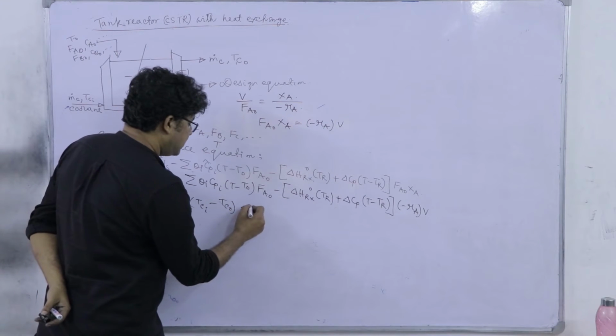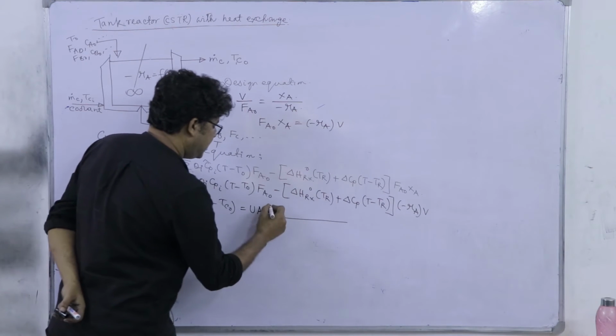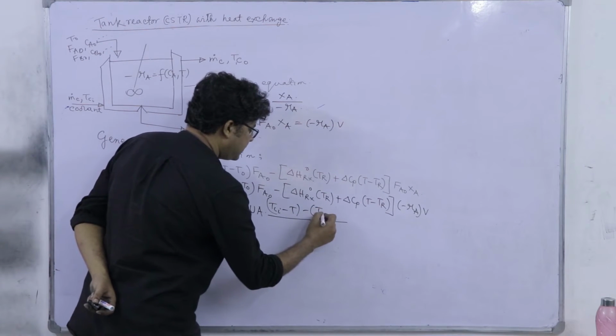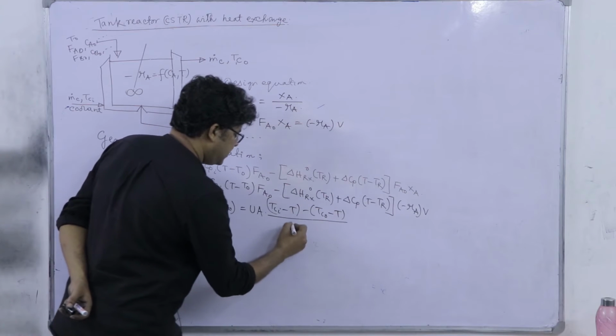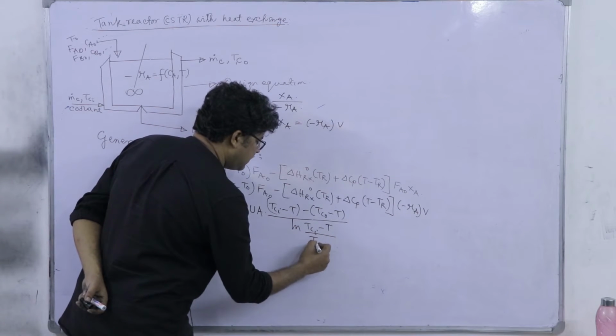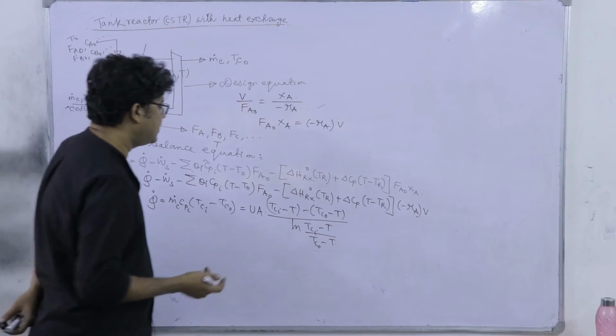It's heat given. So, we will think its temperature is decreasing, actually it will be a negative term, and it's equal to U into A into LMTD. Now, LMTD here is Tci minus T minus Tco minus T over ln of Tci minus T divided by Tco minus T. There is no question of co-current or counter-current.